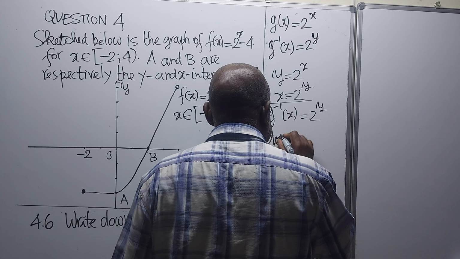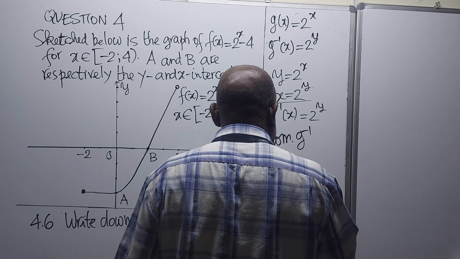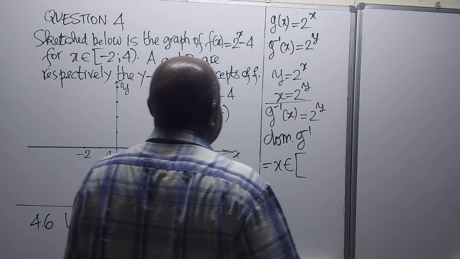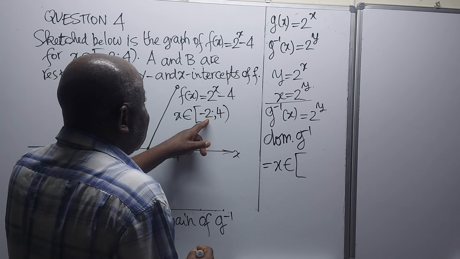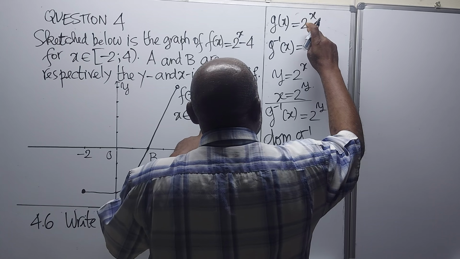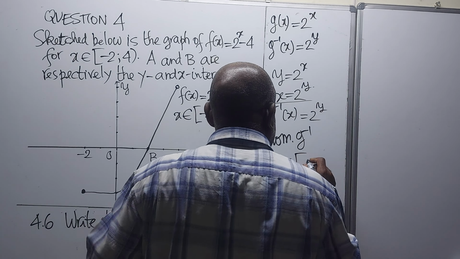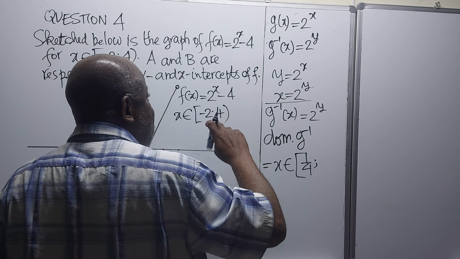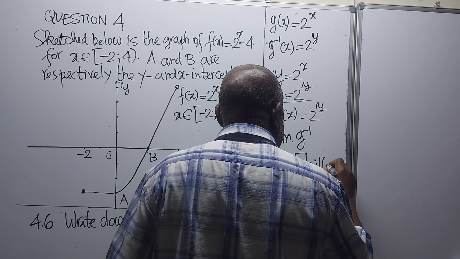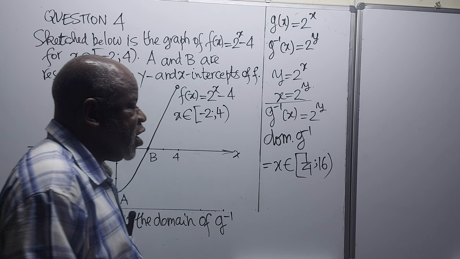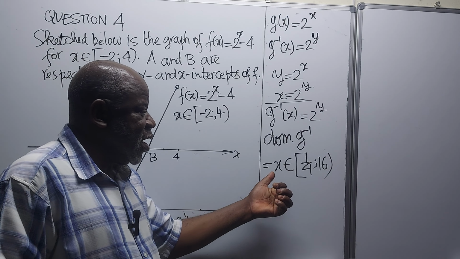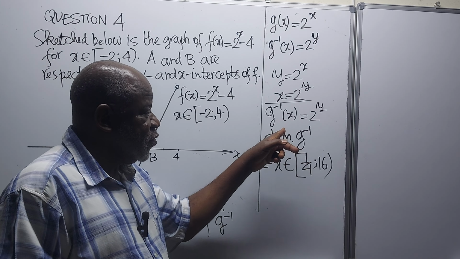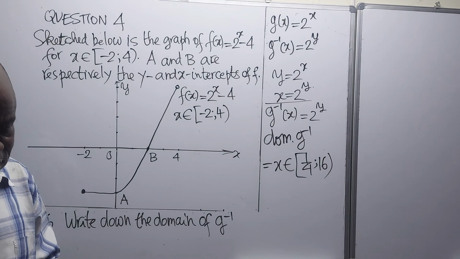Domain g minus 1 will be equal to x is a member of, if I substitute the value of x here by negative 2, it will be 2 to the power of negative 2, it will be 1 quarter. And if I substitute x by 4, 2 to the power of 4 will be 16. So the domain of g of negative 1 will be x is a member of 1 quarter to 16. This is the domain of g of negative 1.